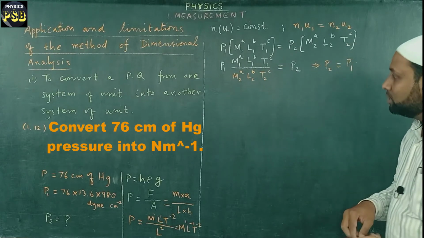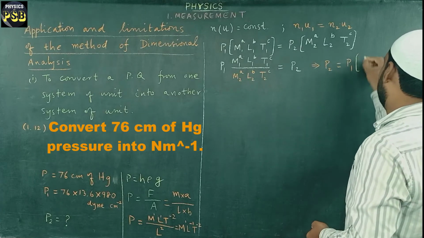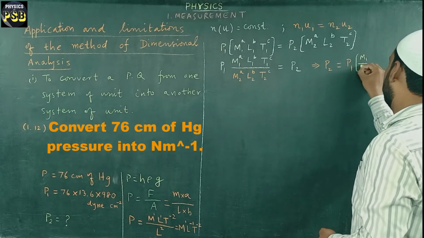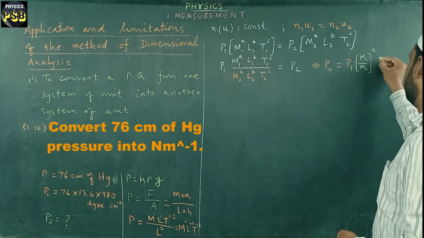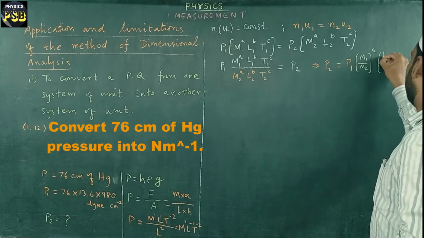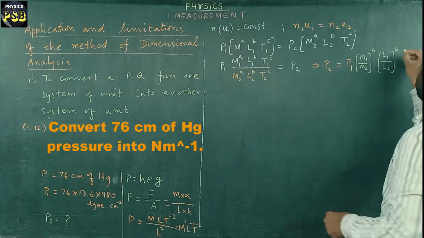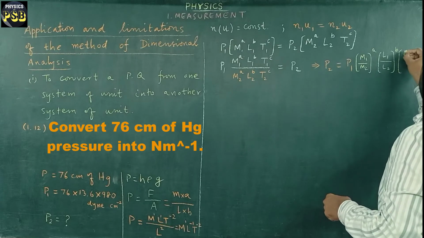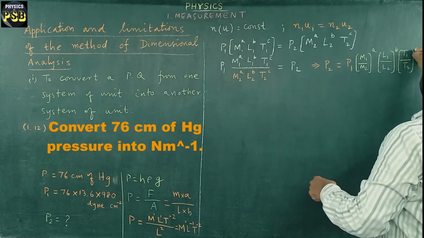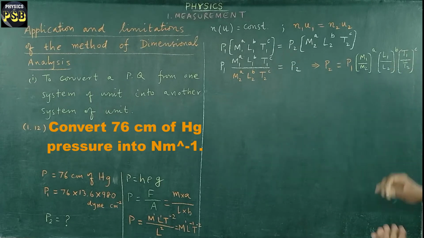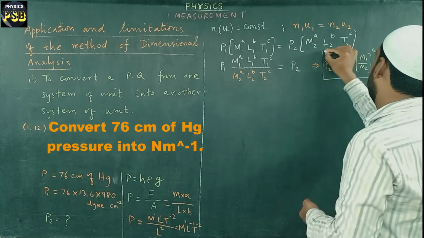So in a common form, it can be written as M1 divided by M2 power A, then multiplied with L1 divided by L2 power B, and T1 divided by T2 power C. This is what we obtain.